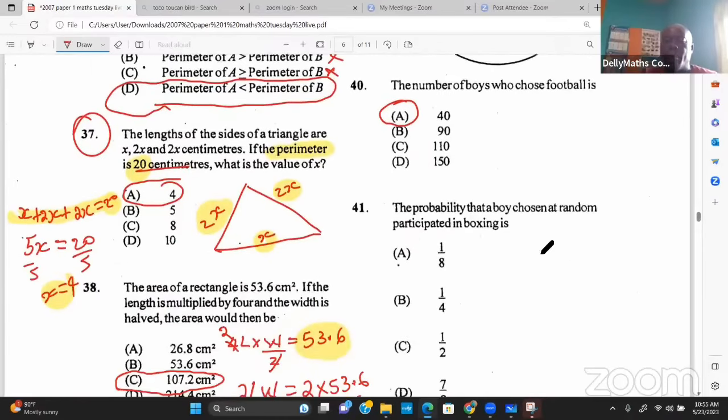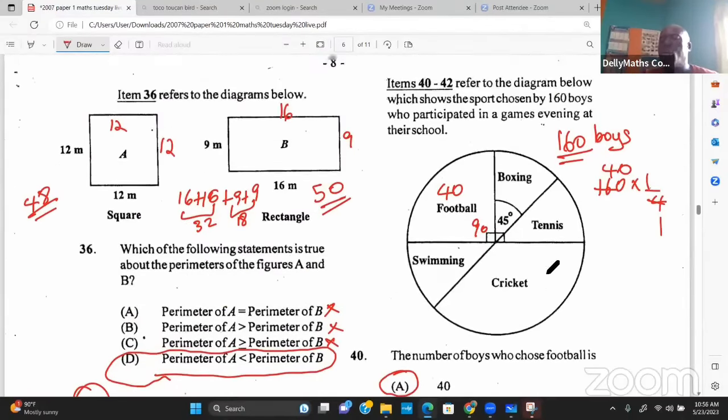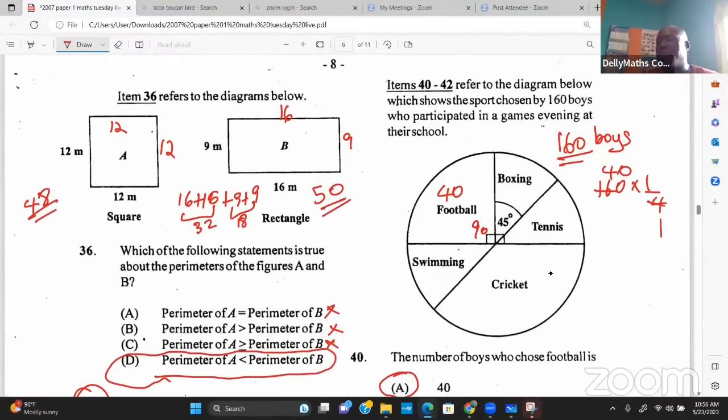Next question. The probability that a boy chosen at random participated in boxing. Now look, the direct relationship between boxing and football is that boxing is half of football, right? 45 degrees to 90 degrees. Half of it. So that means that the number of persons will be half.